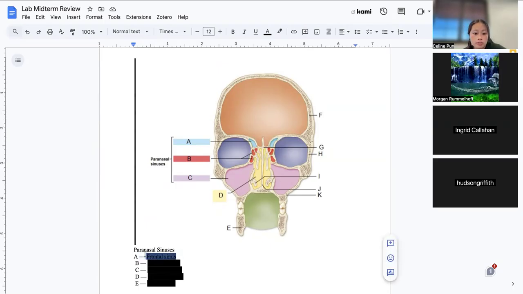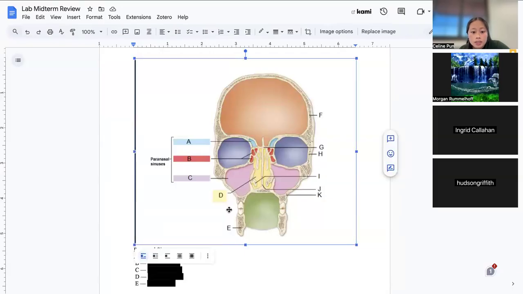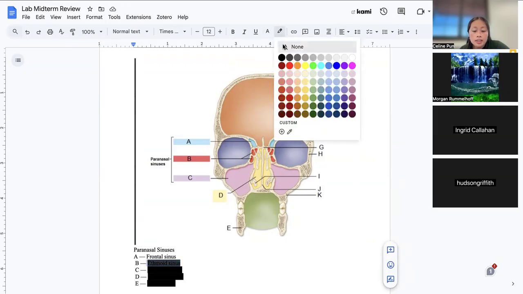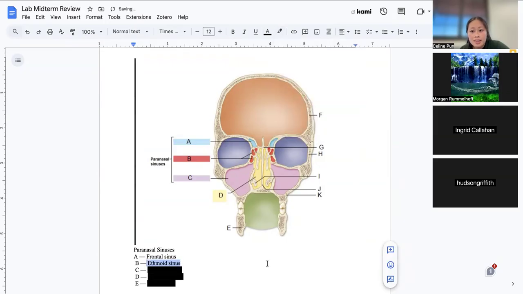This one is the frontal sinus. And I always remember it because it's in the frontal bone. B is what we just saw, the ethmoid sinus. It is in the ethmoid bone.